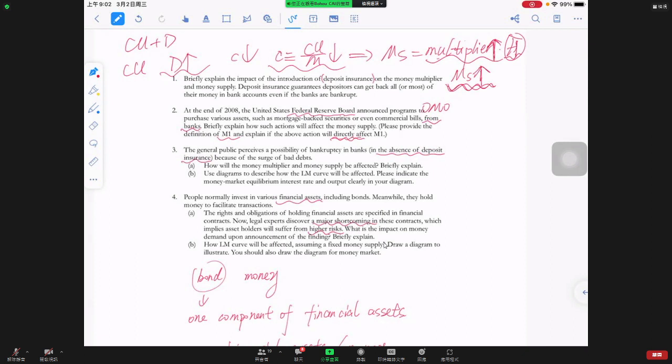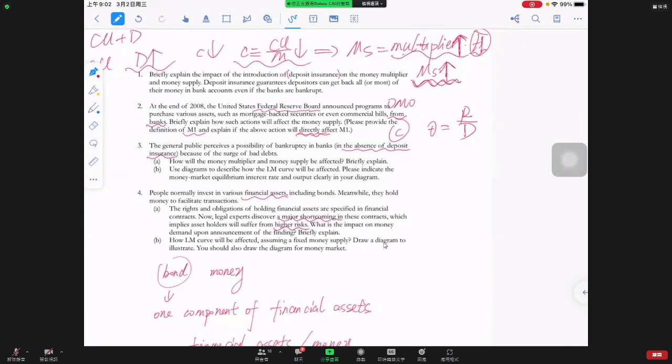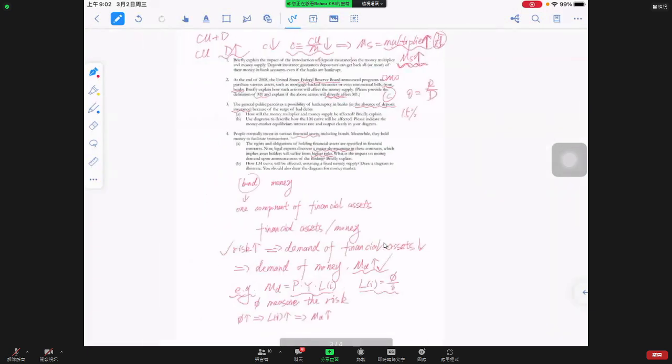The multiplier should remain the same because first, this small c is unchanged, right? This one is determined by the preference of the public. And this theta, we have two situations. First, for example, if the central bank sets a target of 50% for theta, and the preference of the commercial bank is 20%, then it is not binding.